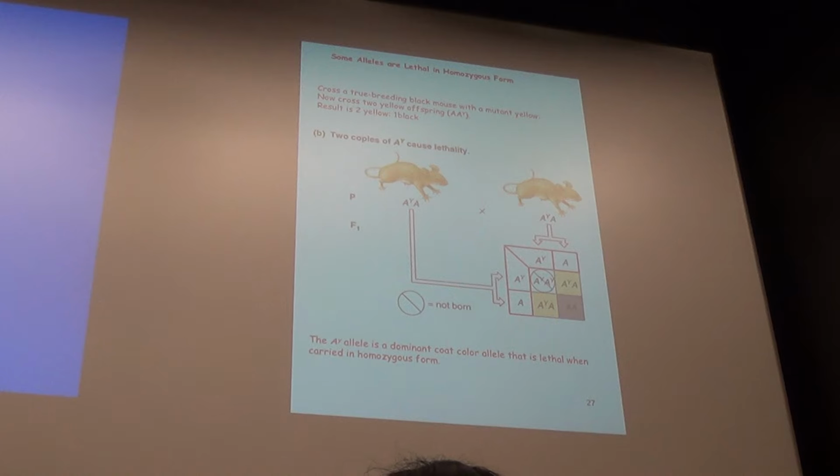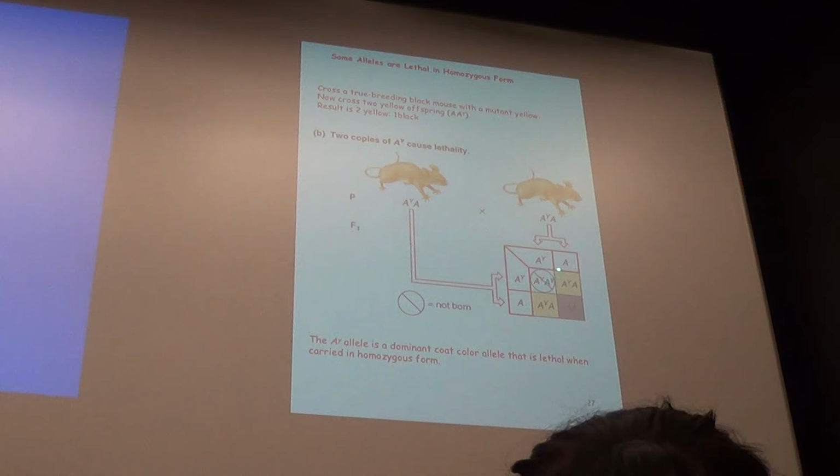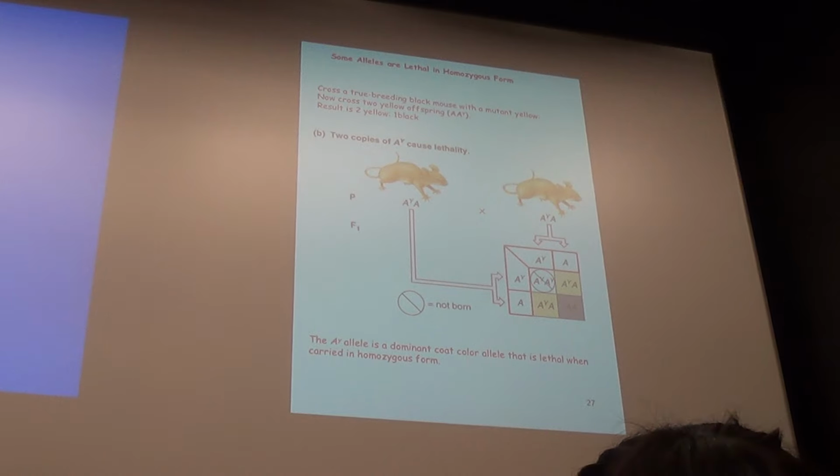The same thing happens in mice. The agouti-colored mice, it's a coat color gene. Gene involved in coat color produces these kind of yellowish brown colored mice. When you do a cross of a heterozygous agouti to a heterozygous agouti, you find there is a homozygous recessive allele. So this entire class is missing, and you get 2 yellow, 1 black.